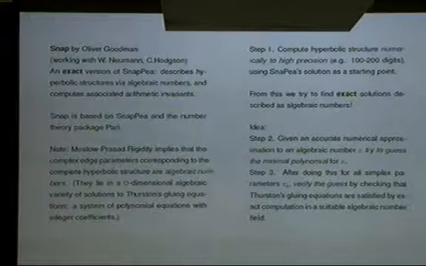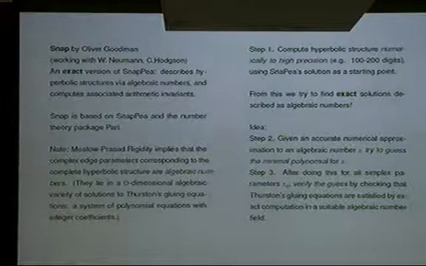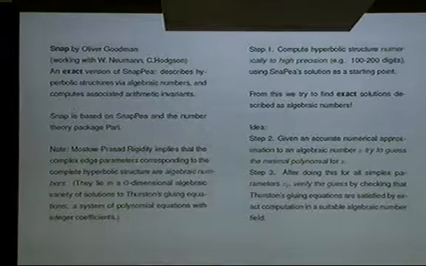So here's how it works roughly. First step is to compute hyperbolic structures numerically, but to high precision. SnapPy works with something like 16 digits of accuracy. This is standard floating point arithmetic. SNAP can actually work to arbitrary precision.